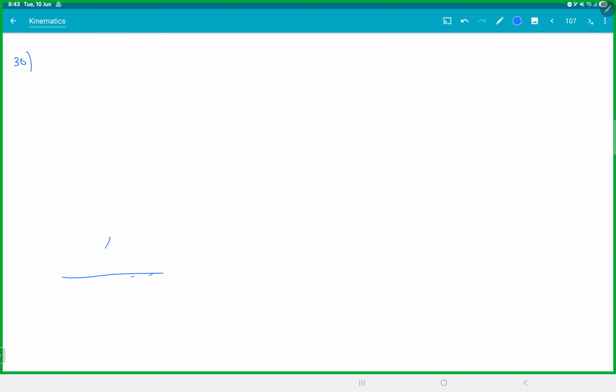So we got a rocket starting from rest. This rocket has an acceleration a is equal to t, t is time.